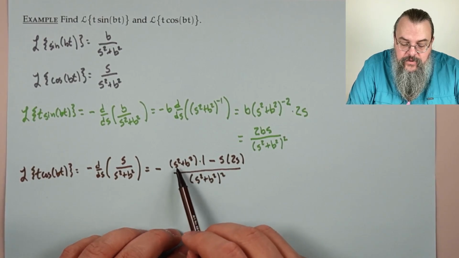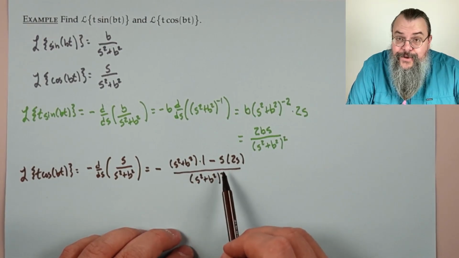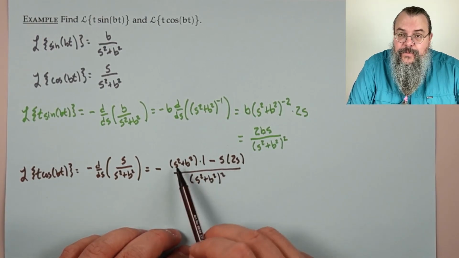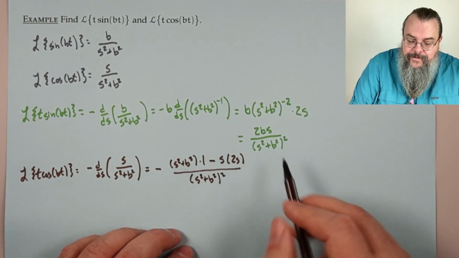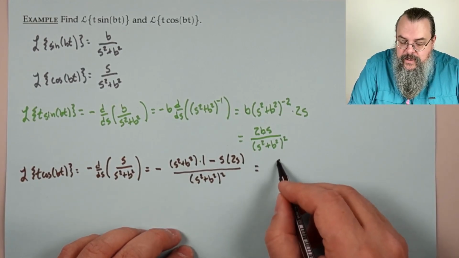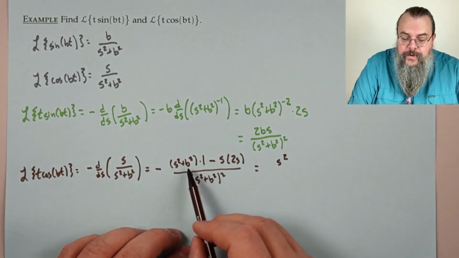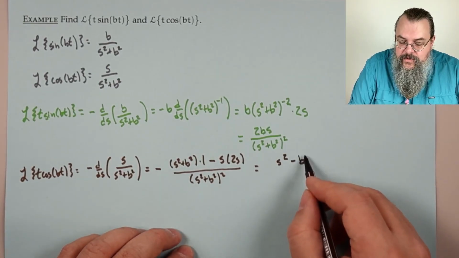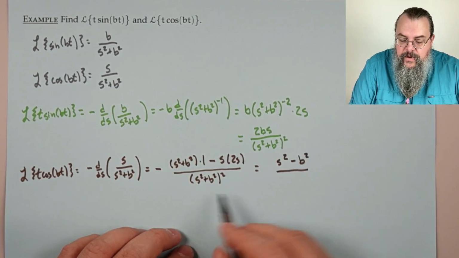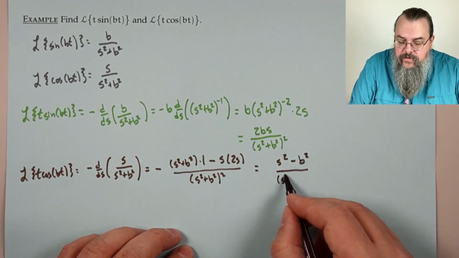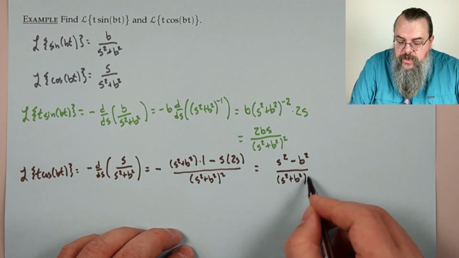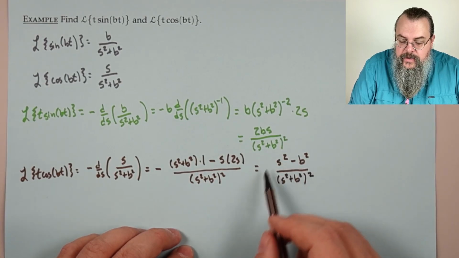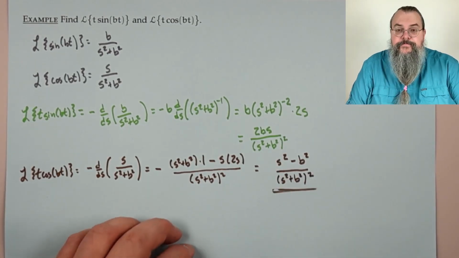Well, we have s squared minus 2s squared, which would make that a negative s squared, but there's also a negative out front, so that would leave us with an s squared. We have a b squared, but there's a negative, so minus b squared, over (s squared plus b squared) squared. And there we go.